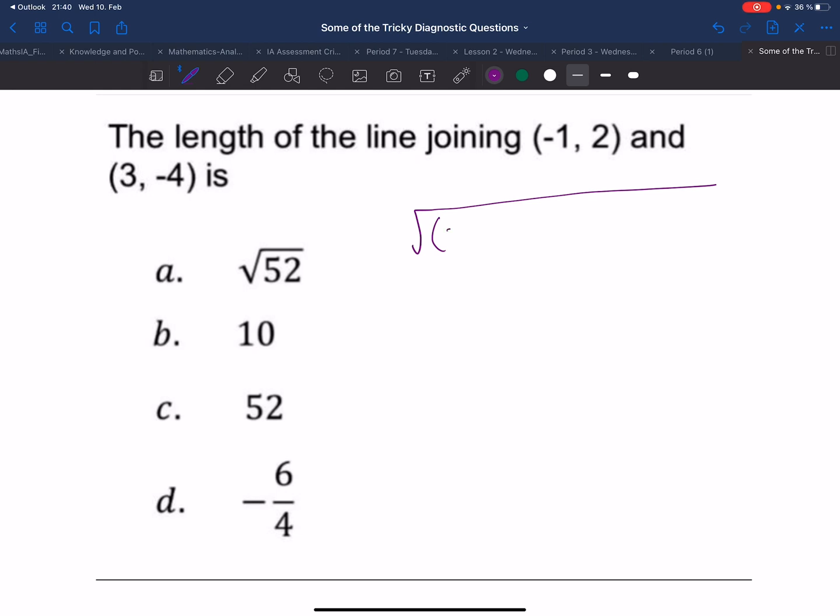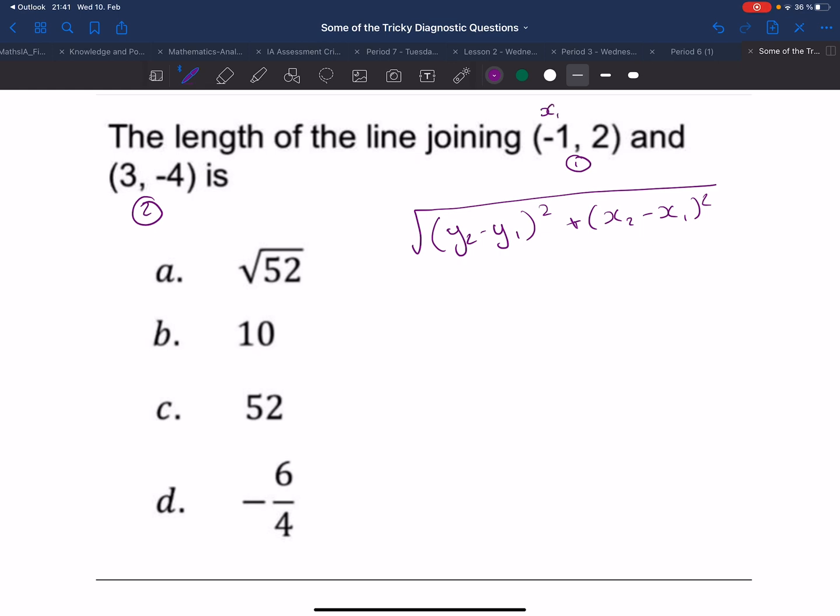And it is y2 minus y1 squared plus x2 minus x1 squared. So basically we find the change in the y, the change in the x, and then we use Pythagoras to figure it out. So for us, let's call this one here our number 1 coordinate, this one here our number 2 coordinate.